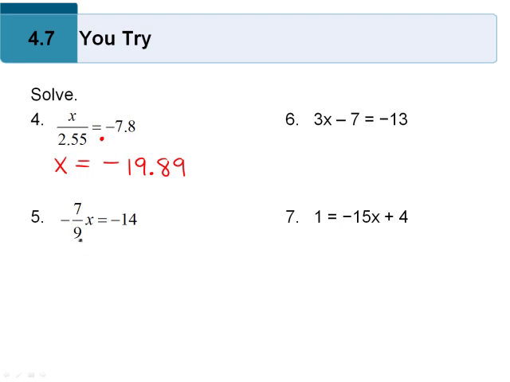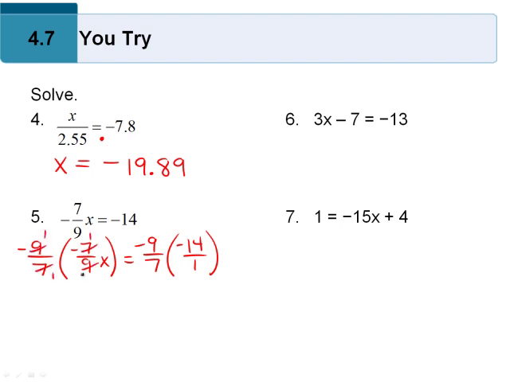Okay. So number 5, we have a fraction here that we need to get rid of, the negative 7/9. When it's right beside the variable like that, you want to use the reciprocal. So negative 9 over 7, and then times negative 7/9 x. And on the other side, negative 9 over 7 again, and put negative 14 over 1. Okay, so on the left, all the 7's cancel, the 9's cancel, everything cancels all out to positive x.